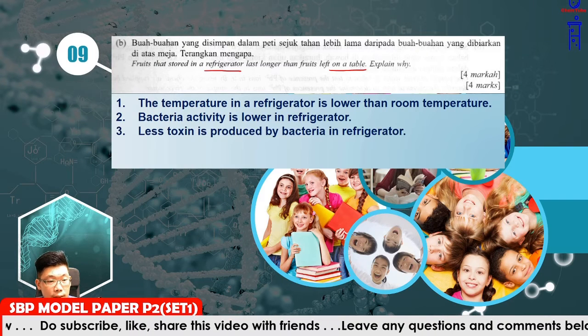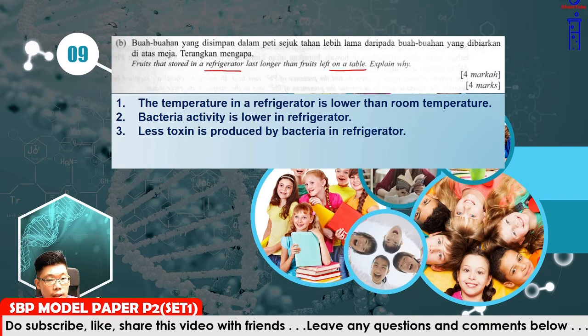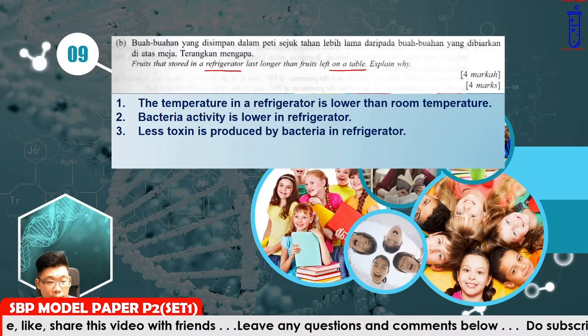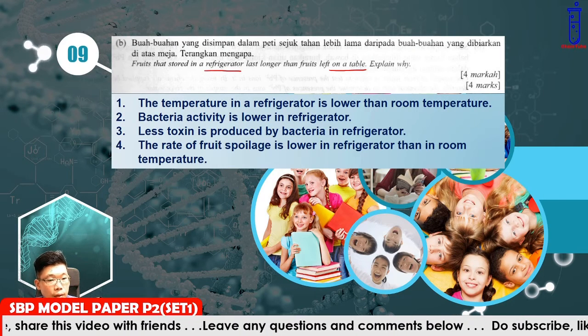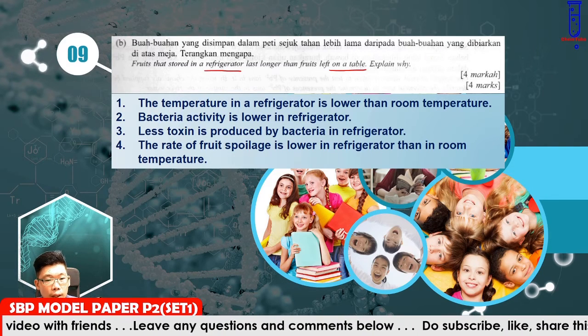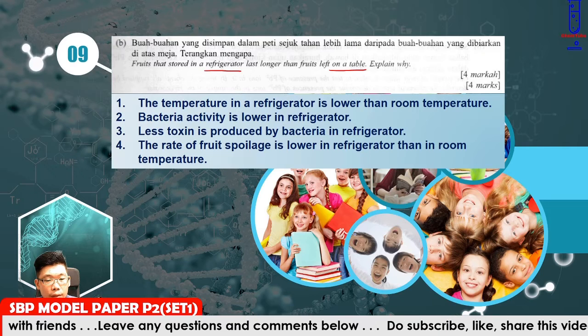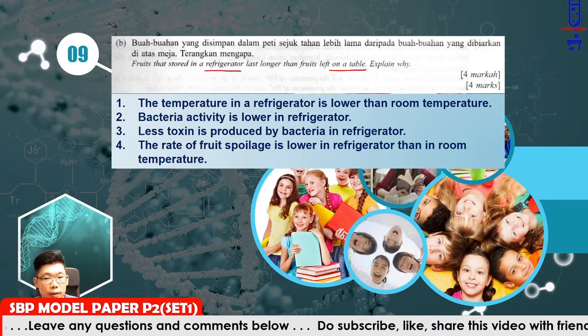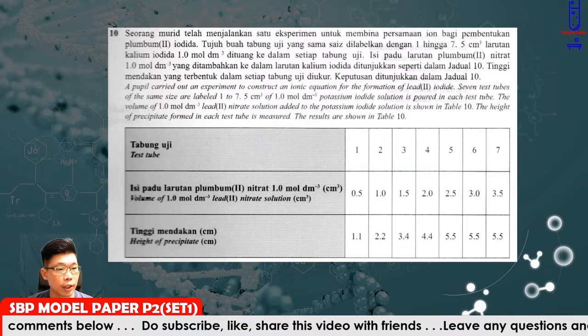So next, less toxin is produced by the bacteria in the refrigerator. So the rate of fruit spoilage is lower in the refrigerator than at room temperature. Okay, question 10.